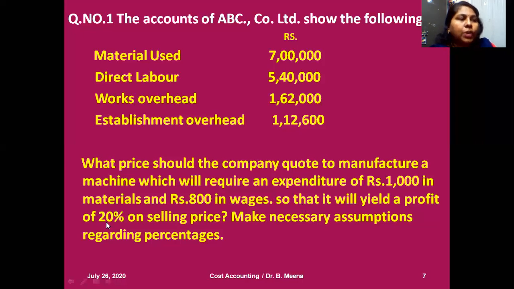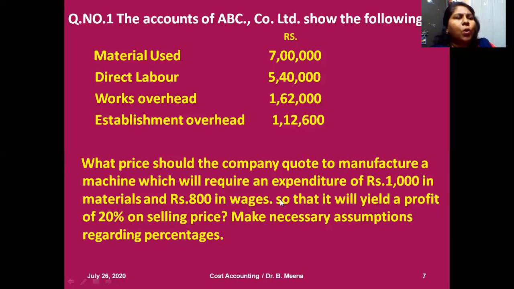Okay, 20% on, what is the next wording? You must be very, very careful. So 20% on sale only is given. So on sale means how to prepare the profit. That is the point. And look at the question, make necessary assumption regarding percentages.